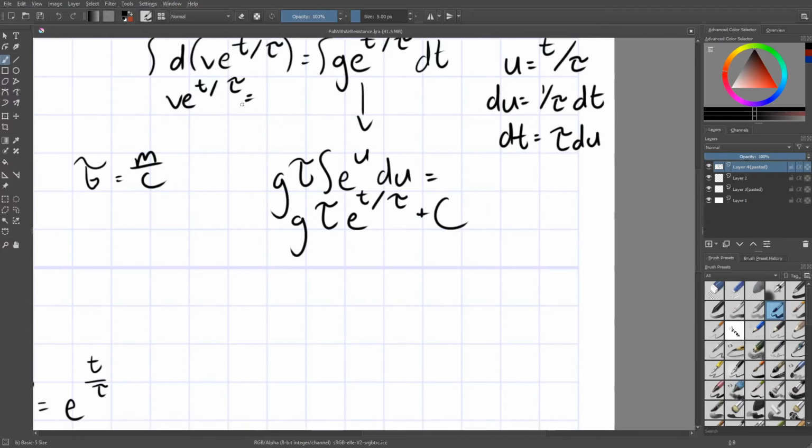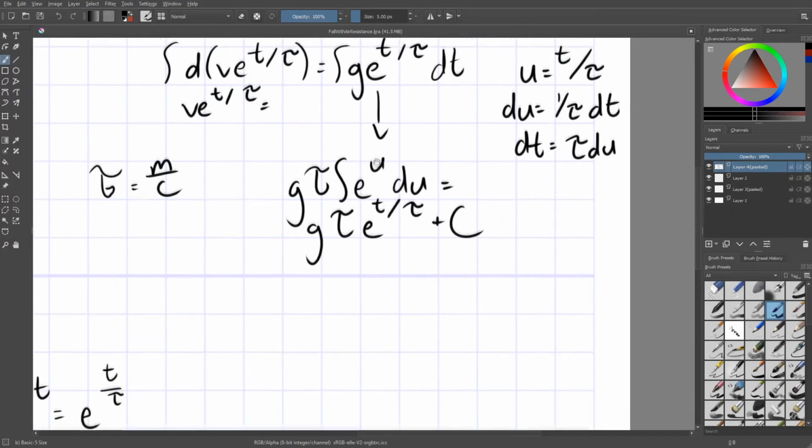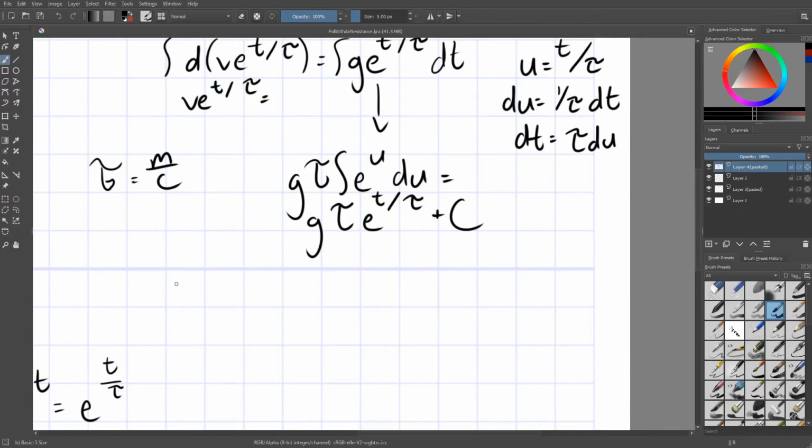So let's go ahead and rewrite this whole thing. So we get Ve^(t/τ) equals g times τ times e^(t/τ) plus c.